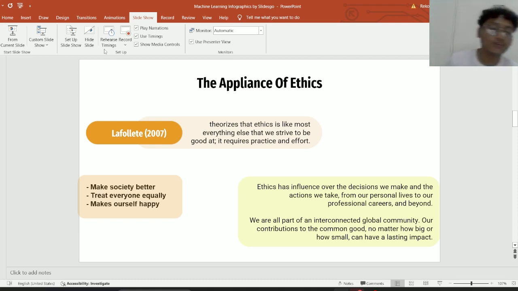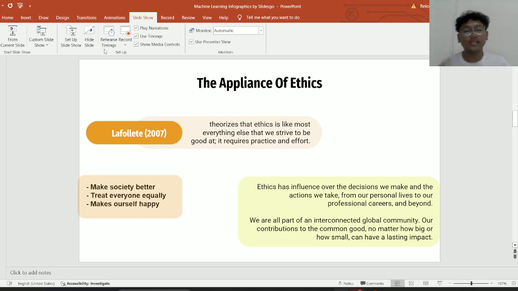Ethics has influence over the decisions we make and the actions we take, from our personal lives to our personal careers and beyond. It has influence in so many areas.